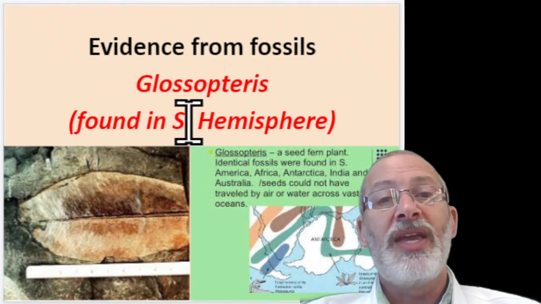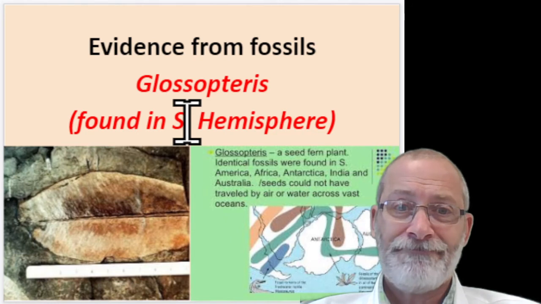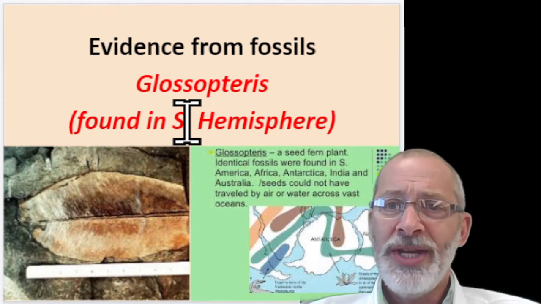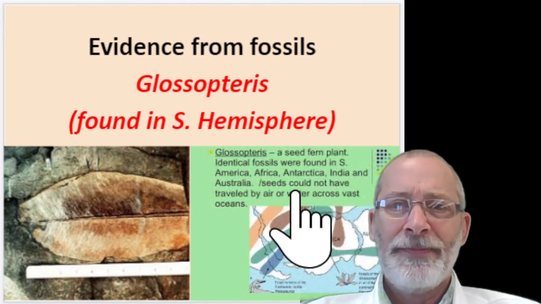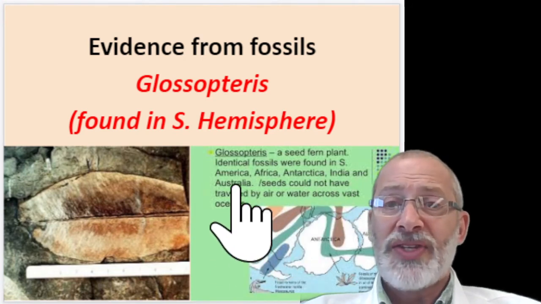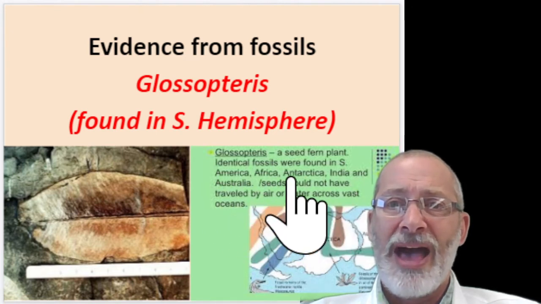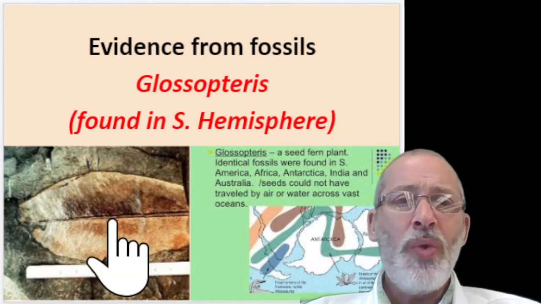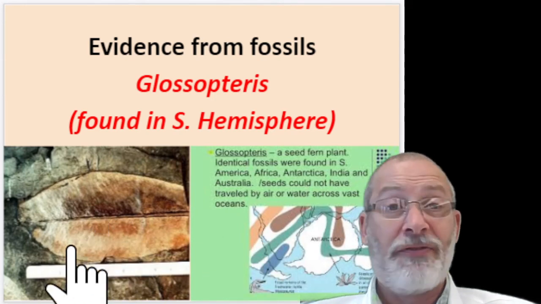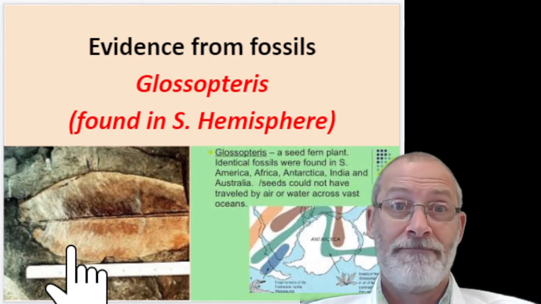One famous example of a fossil is Glossopteris. Glossopteris is a seed fern plant, and as it says here, identical fossils were found in South America, Africa, Antarctica, India, and Australia. And there's no way that these particular seeds could have floated thousands of miles across the current oceans.